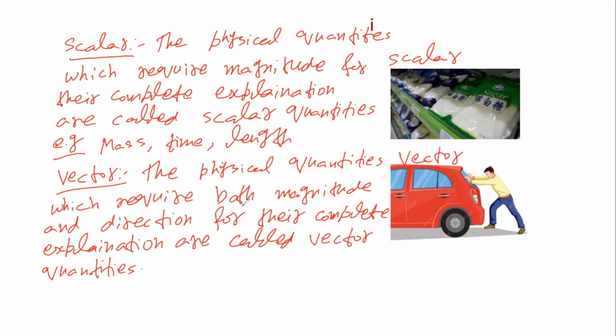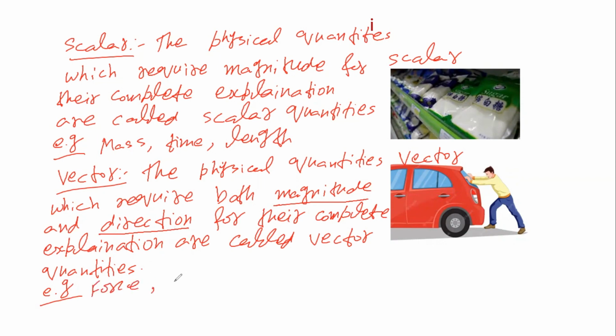So why did we say that they require both magnitude and direction? Because if you are applying force, you need magnitude, how much force you are applying, and in which direction you are applying the force. In forward, in backward, right? So that is basically direction. What can be the other quantities that are vectors? One example is force, right?